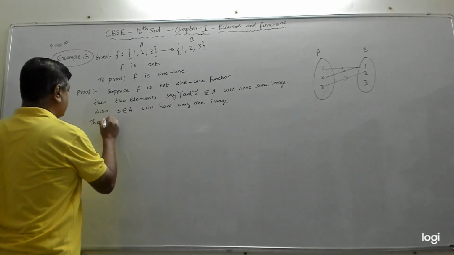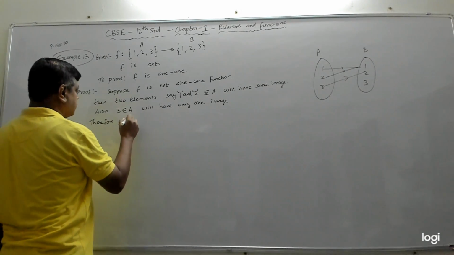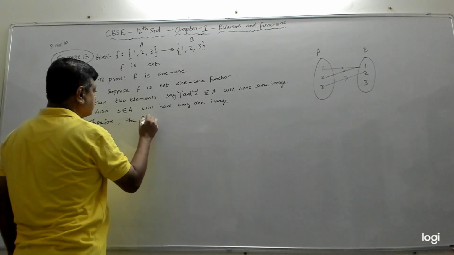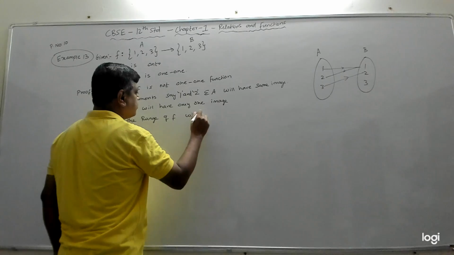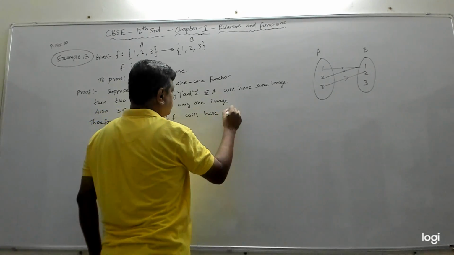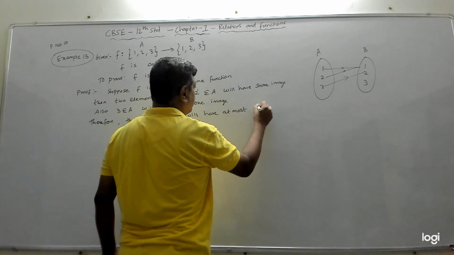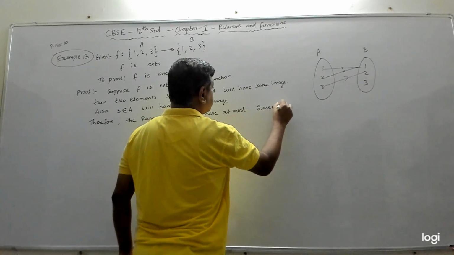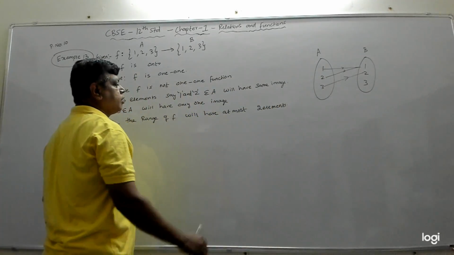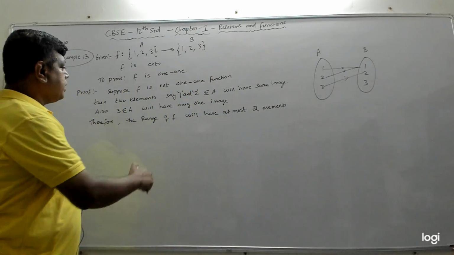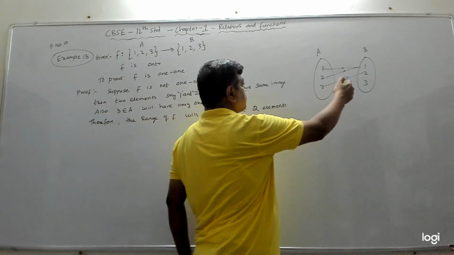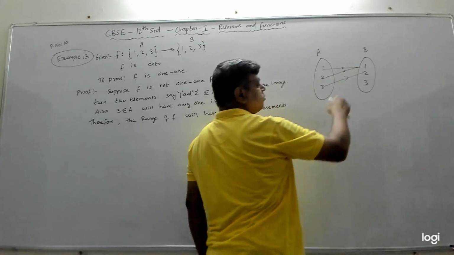Therefore, the range of f will have at most, which means maximum, two elements, which means here the range can be 1 and 2.